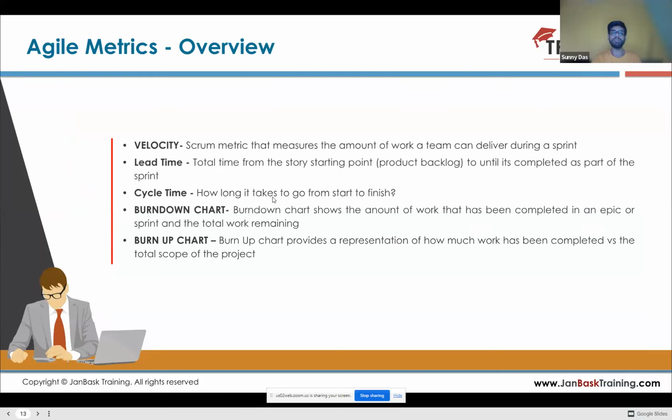Okay, because remember we talked about the story points, right? For each story there will be some story points, and suppose the whole team is taking 10 to 12 stories in that particular sprint. So the number of total story points will give you the velocity, right?